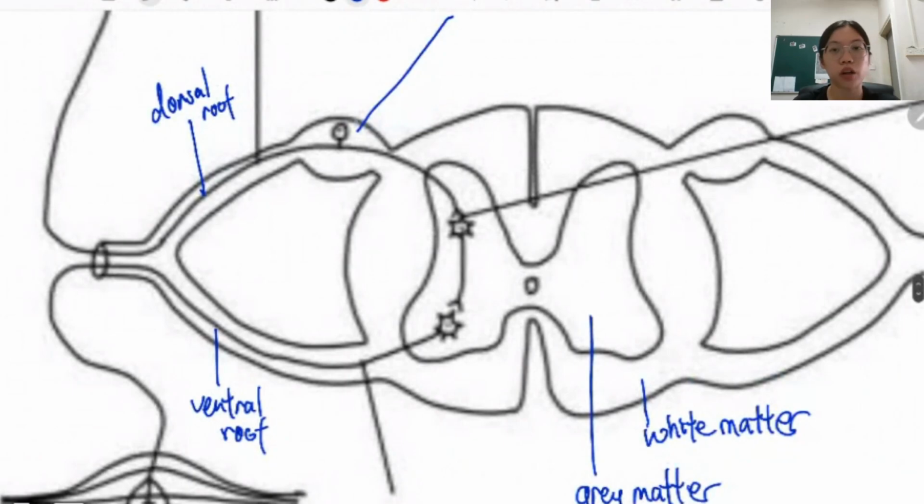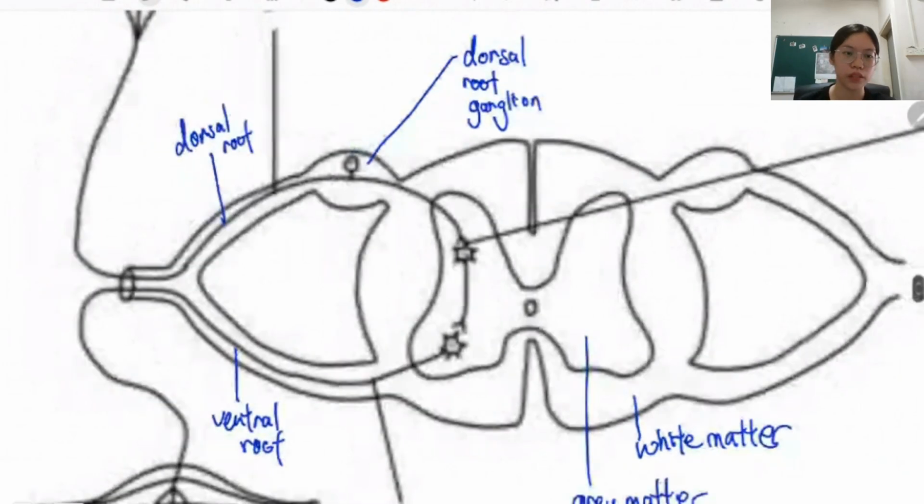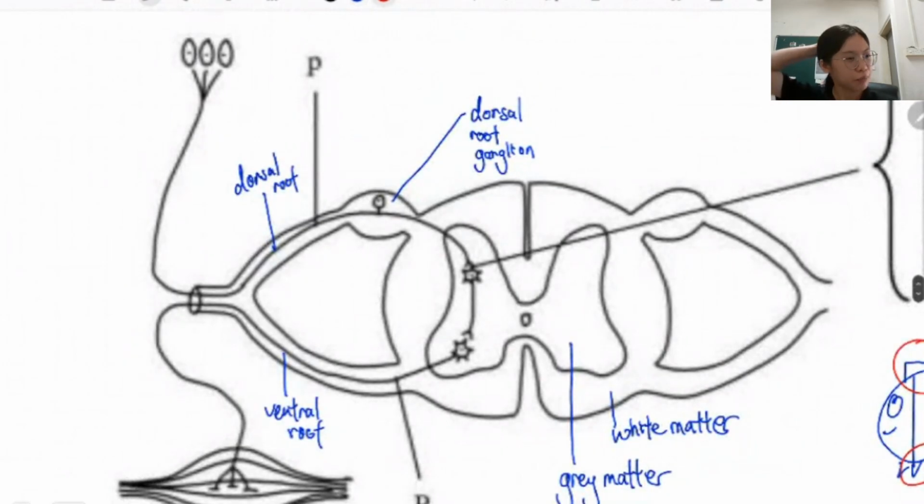And then only the dorsal root consists of the ganglion, which consists of the cell body of the sensory neuron. So dorsal root ganglion. Most students find it hard to memorize lah.